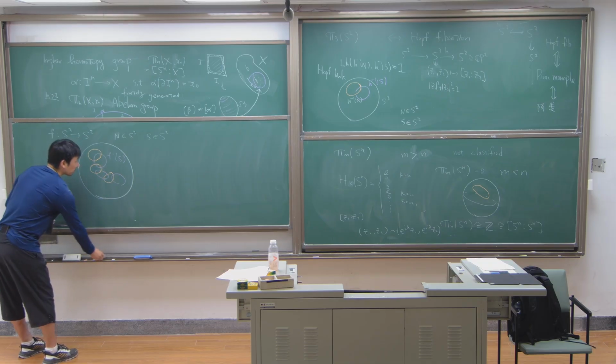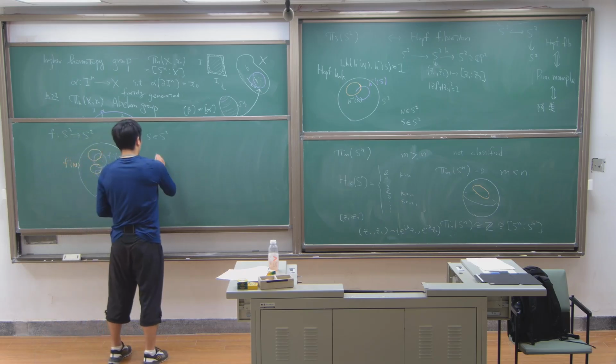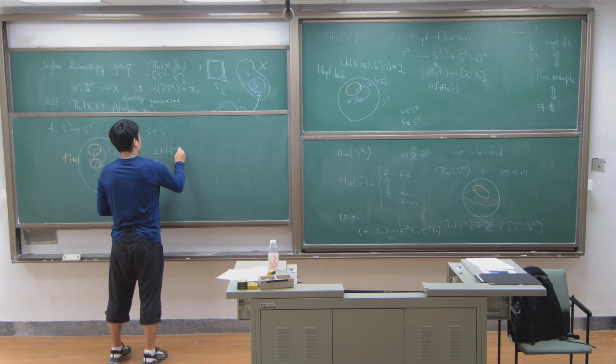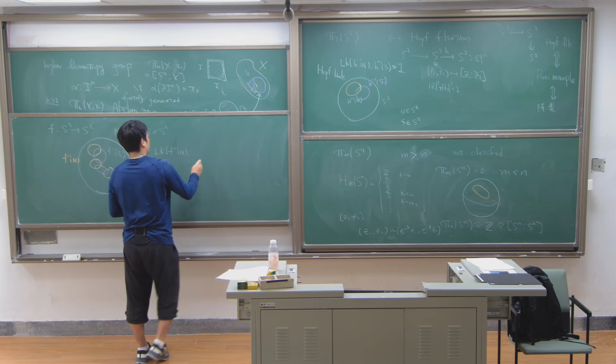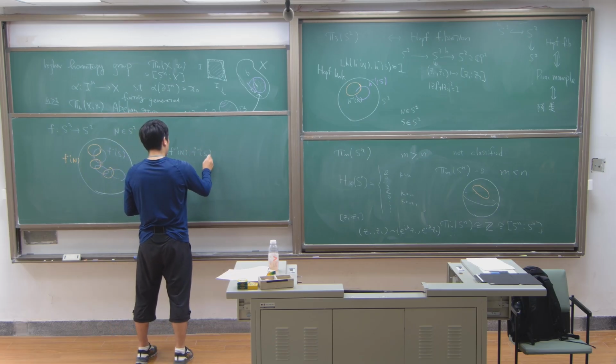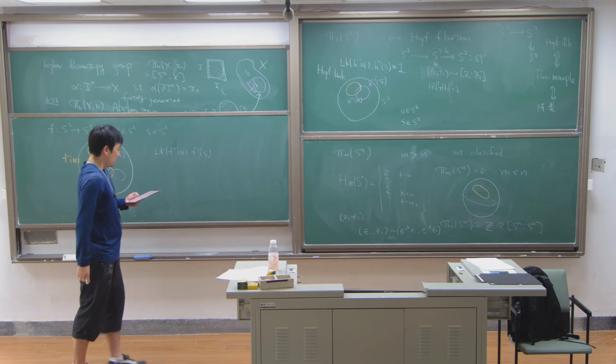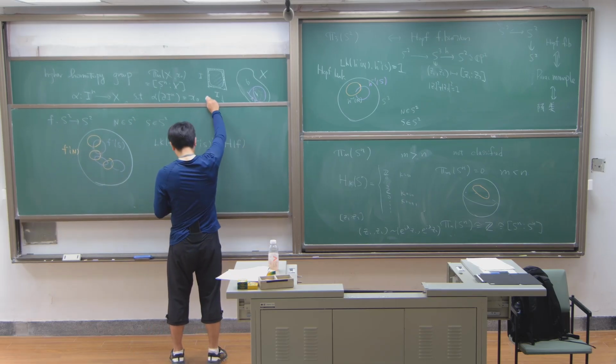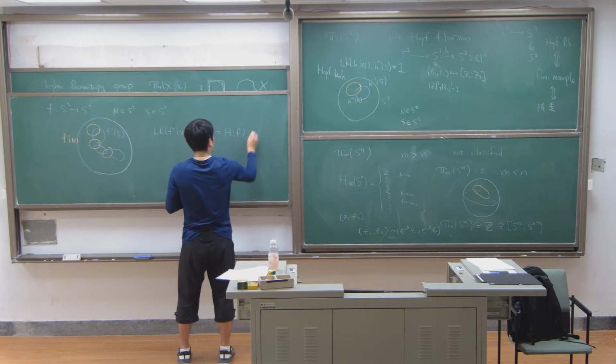The linking number of F inverse of N and F inverse of S is called the Hopf invariant.